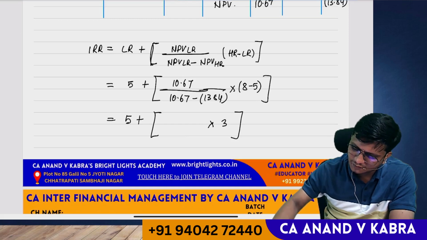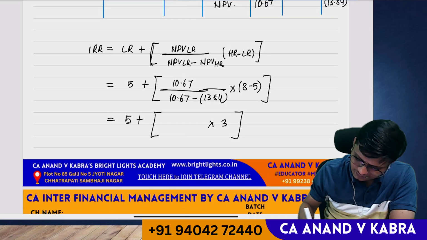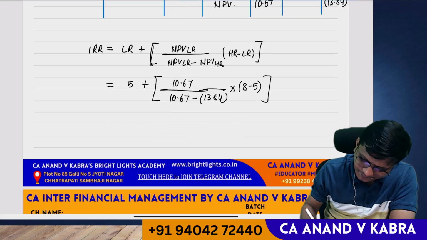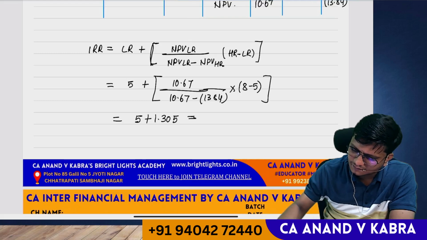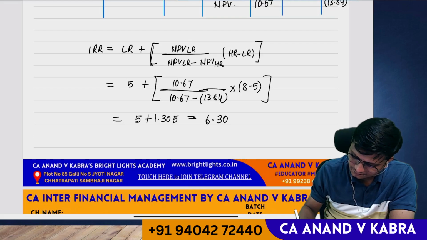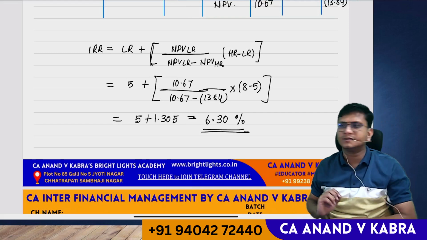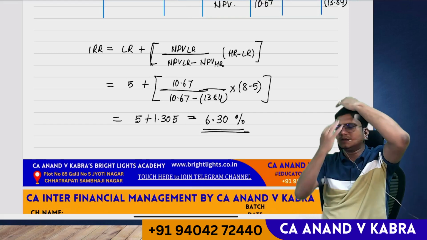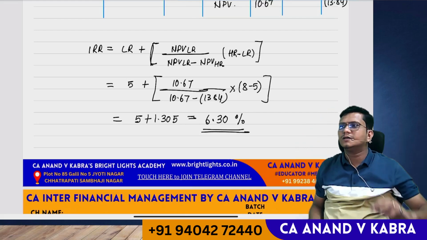Dividing 10.67 by 24.51 and multiplying by 3, that will become, I shall write directly, 5 plus 1.305 is equal to 6.30%. This is the cost to the company for the given debt.